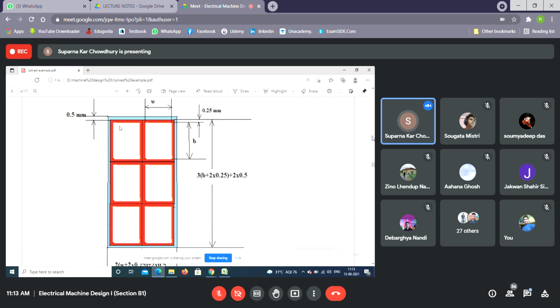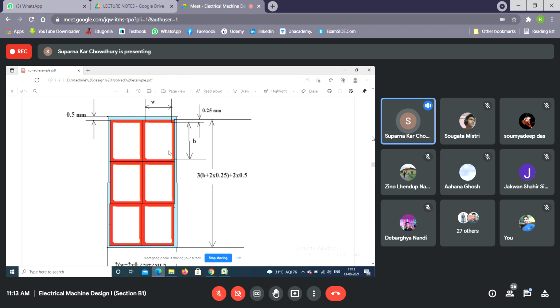Another thing is that when we go for rectangular conductor, now these conductors have to be bent to make a winding around the core. Now when we go for a circular conductor, what is the minimum bending radius? That depends on the radius or diameter of the conductor. So the thicker the diameter, the mechanical strength will be more, so it is difficult to wound the winding.